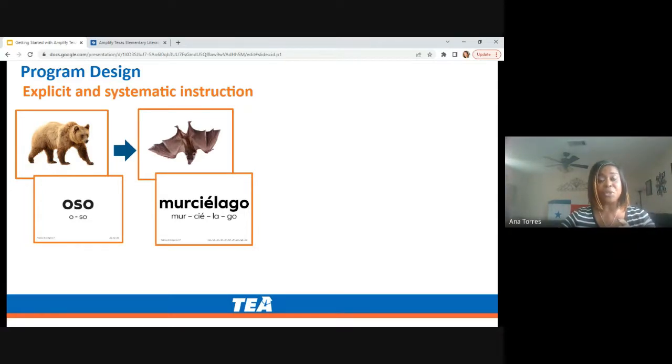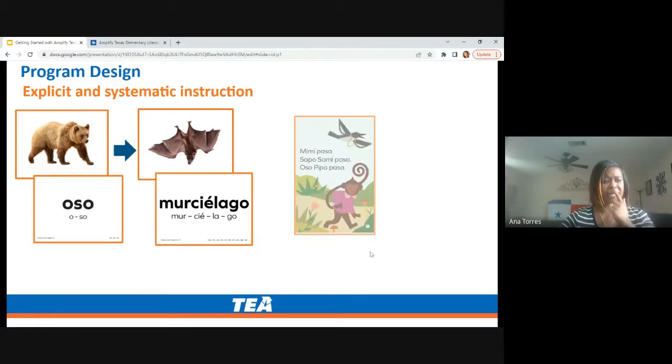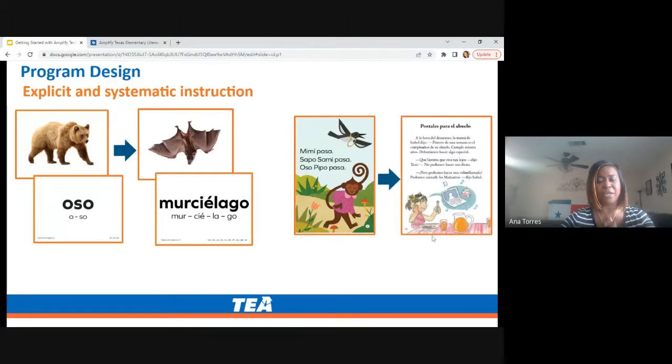And then looking not only at vocabulary, but let's look at text. In this kinder text, we're looking at Mimi pasa, just looking at that first sentence there. And then as we progress to second grade, we're looking at, pero podemos hacer una videollamada, that we see here.